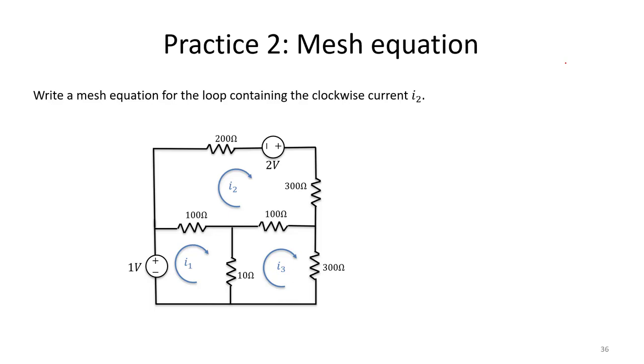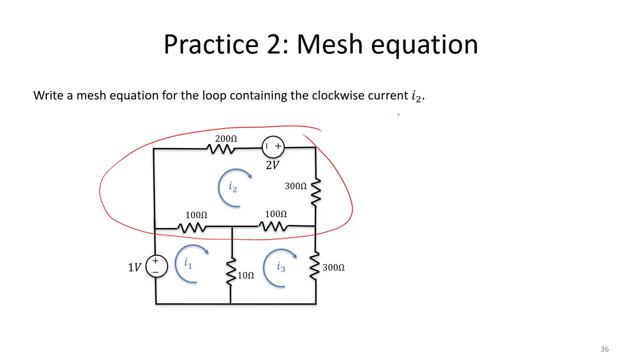All right, in our next practice question, we are being asked to write a mesh equation for the loop containing current I2. So in this case, you'll want to remember how to write a mesh equation.